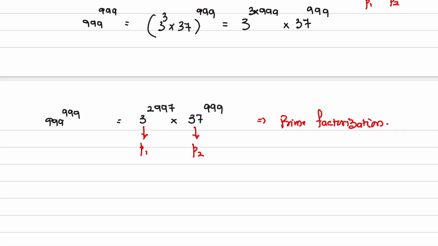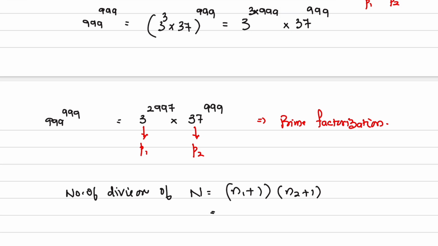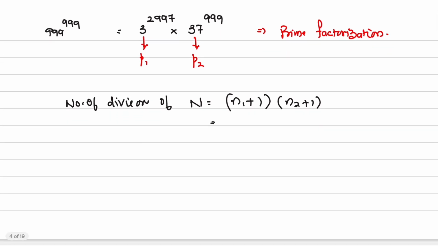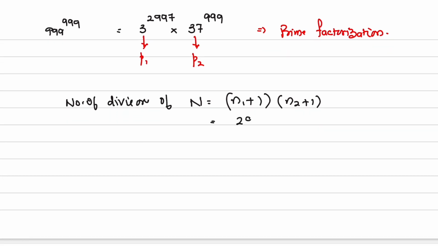Then what is the equation for number of divisors? Number of divisors of n is equal to n1 plus 1 into n2 plus 1. That is equal to n1 is 2997 plus 1 into n2 is 999 plus 1.